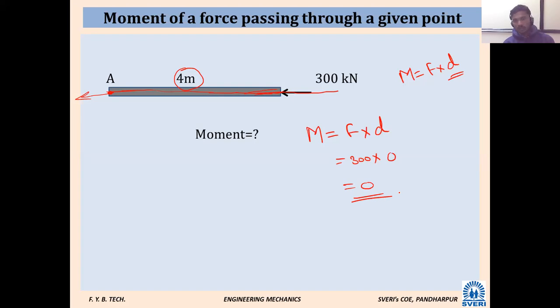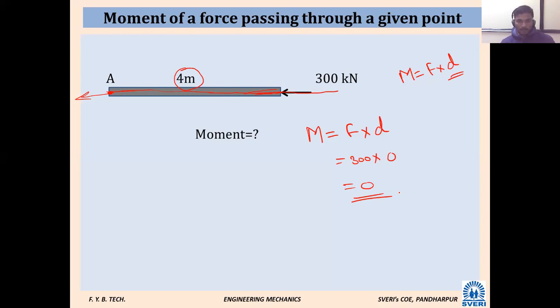So that is important. Very important is, if a given force is passing through the point at which we want to calculate moment, the moment at that point will be 0. If line of action of force is passing through a point at which we want to calculate moment, that moment will be 0. Why is it 0? Because the distance is 0. You should imagine this, because it will come again and again.